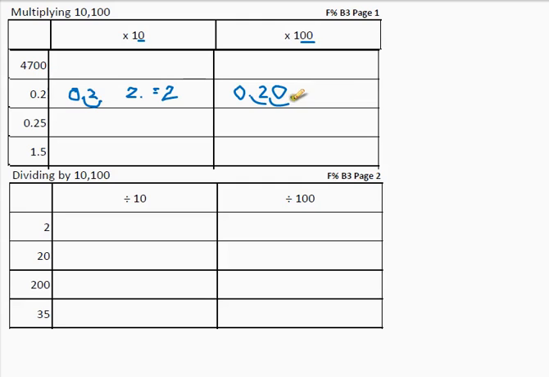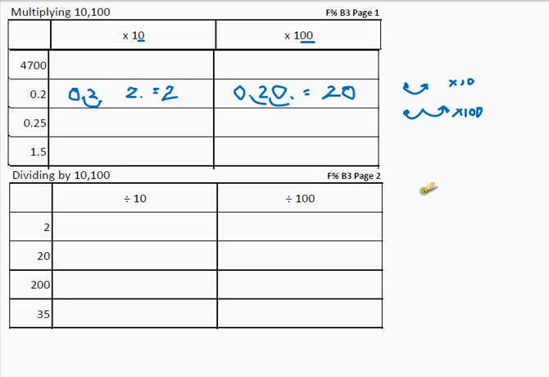So my new point is after the 0 there, so it's going to be 20 because we won't have a 0 there because it doesn't mean anything. Okay, so that answer is 20. So if you times by 10, you move the point 1. If you times by 100, you move the point twice. That is times by 10. That is times by 100.